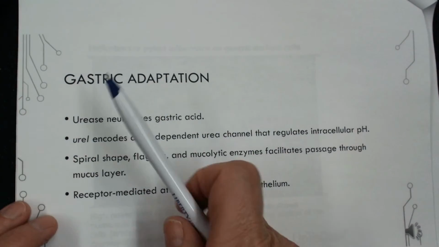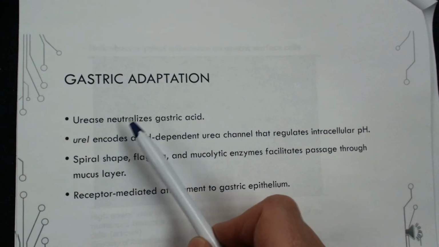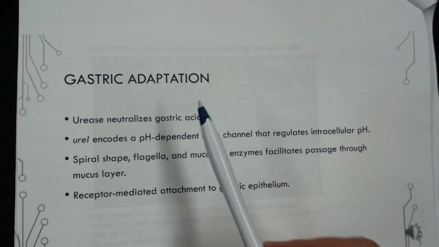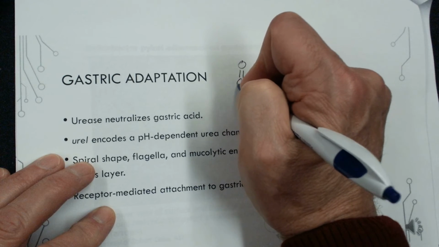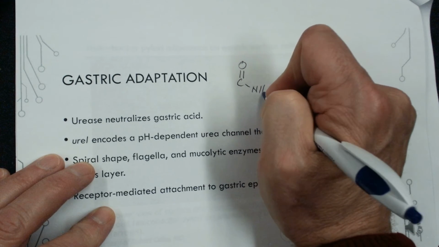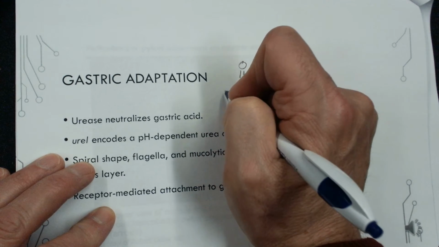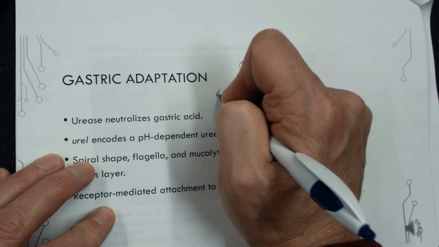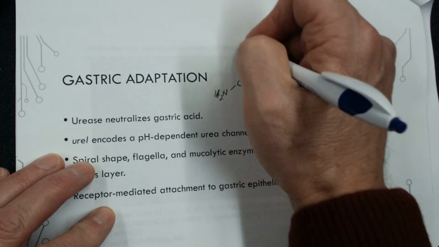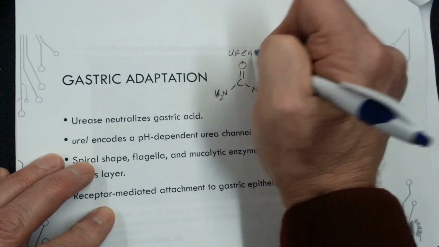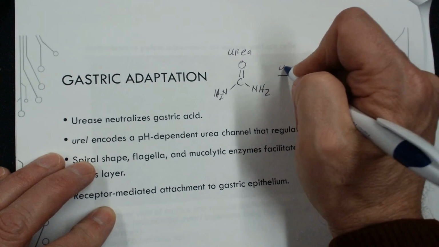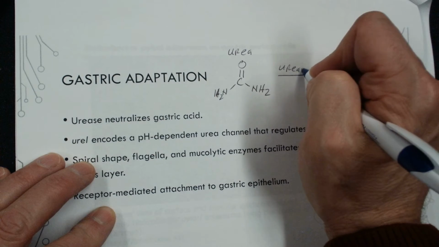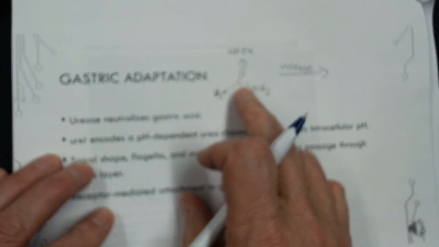It uses its very powerful urease to neutralize gastric acid, remember. So urea is a molecule that looks like this. That's urea. And so the enzyme urease is going to break this down.